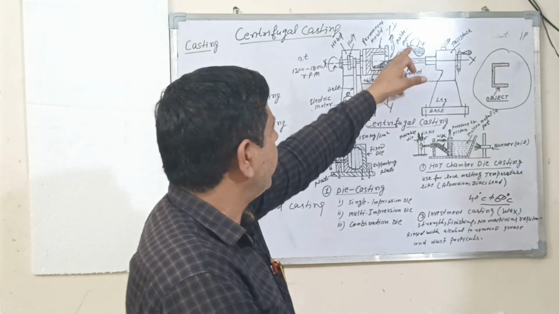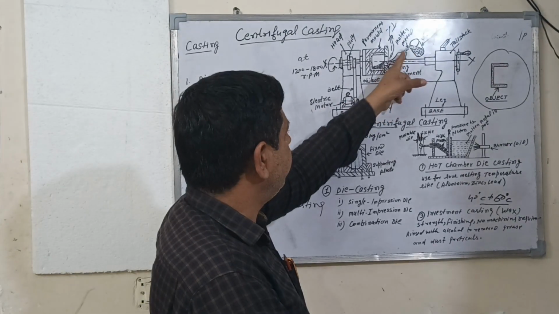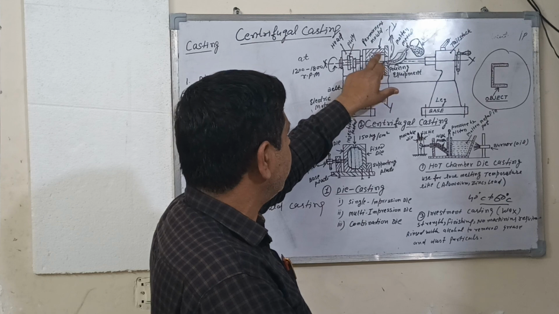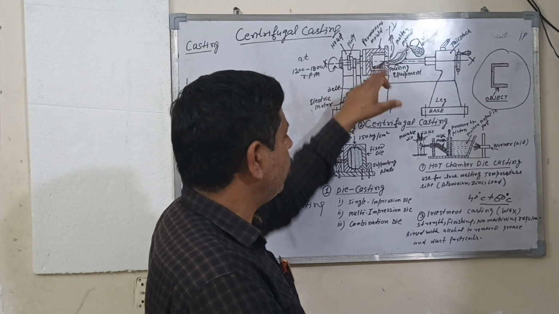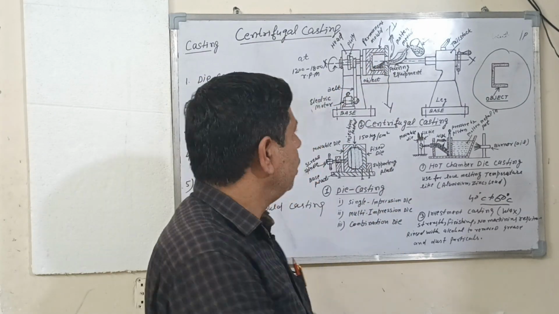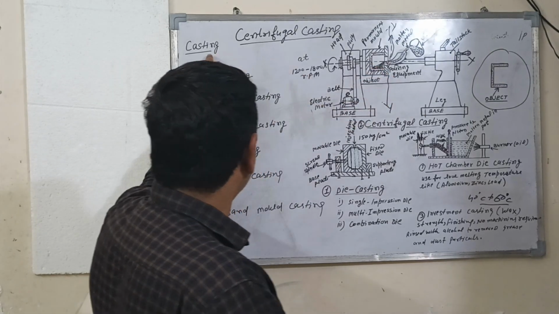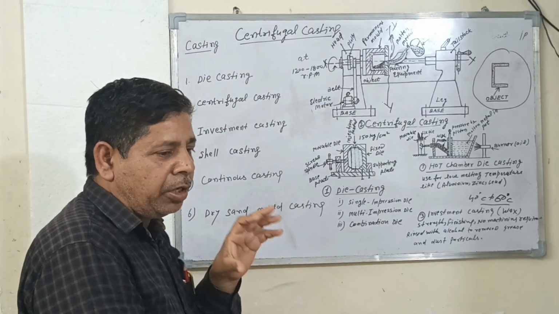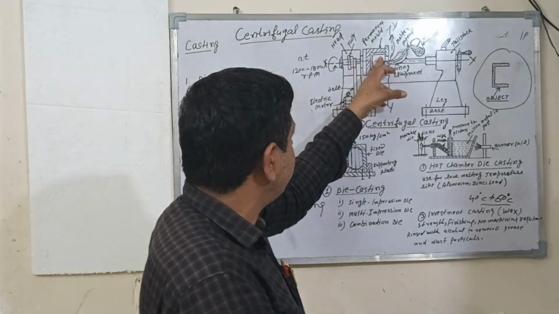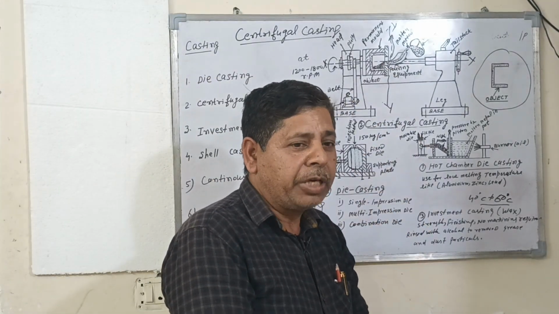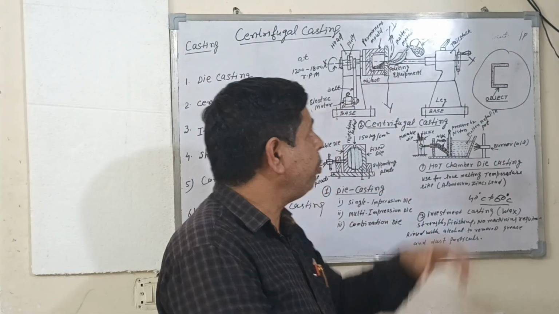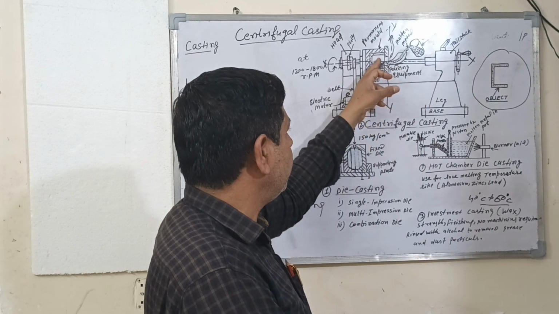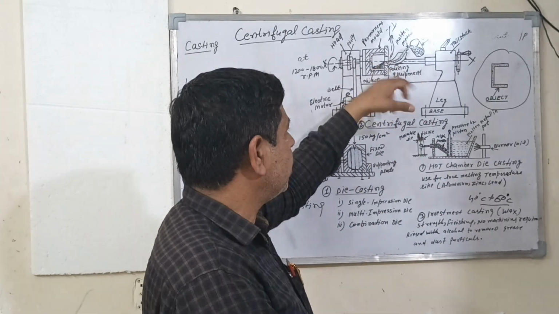The metal is poured here with this arrangement. The metal is deposited inside this permanent mold due to the centrifugal force. In this case, the metal does not take time for solidification. The metal is already solidifying during this process due to the centrifugal force.